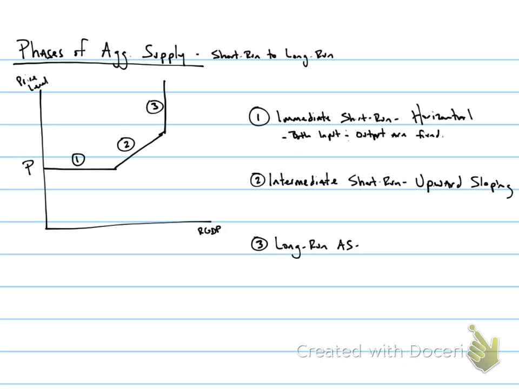And what we need to know is what causes this curve to be upward sloping is that during this time frame our input prices are still fixed. But our output prices, remember output is like the selling price, output prices are now flexible.